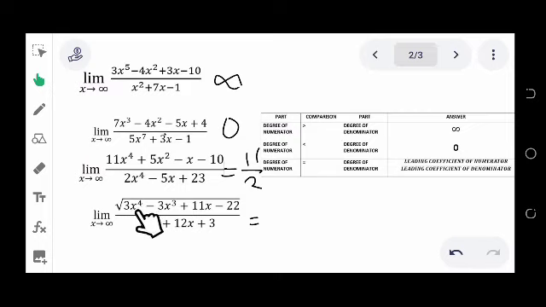Now, this is x to the fourth, but remember, we are getting the square root. So the square root of 3 is just square root of 3, over the leading coefficient of the denominator: the highest exponent is 2, the coefficient is 5. Therefore, this is square root of 3 over 5, and that is your answer.